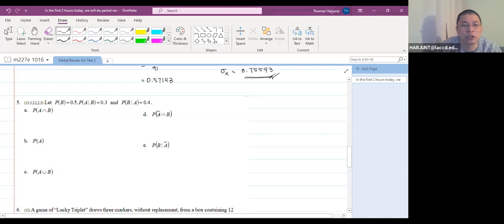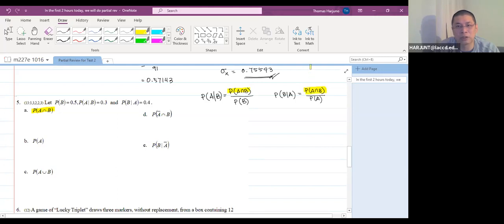Now, to answer this question, I need to find the probability of A intersection B. Let's find out first from the formula. Probability of A given B is equal to probability of the intersection over probability of B. Now, probability of B given A is probability of the intersection over probability of A. Now, the one in question is the probability of the intersection.